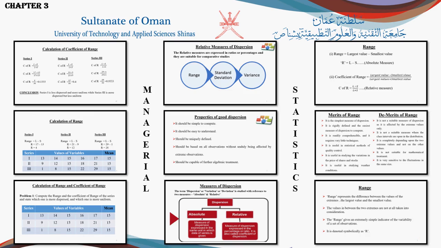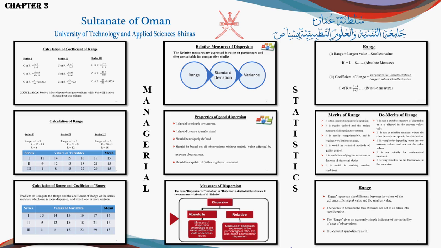So in the previous slide, I had explained about dispersion, differences between dispersion and dissimilarities, and objectives. These are the topics I had discussed in the previous slides.